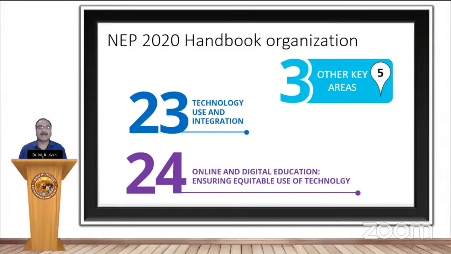Without a digital device, without a network, how can one get an idea about technological learning? This is also a very big challenge: how to provide technology to each and everyone, ensuring equitable use of technology, so everyone can get access to a network and a digital device.